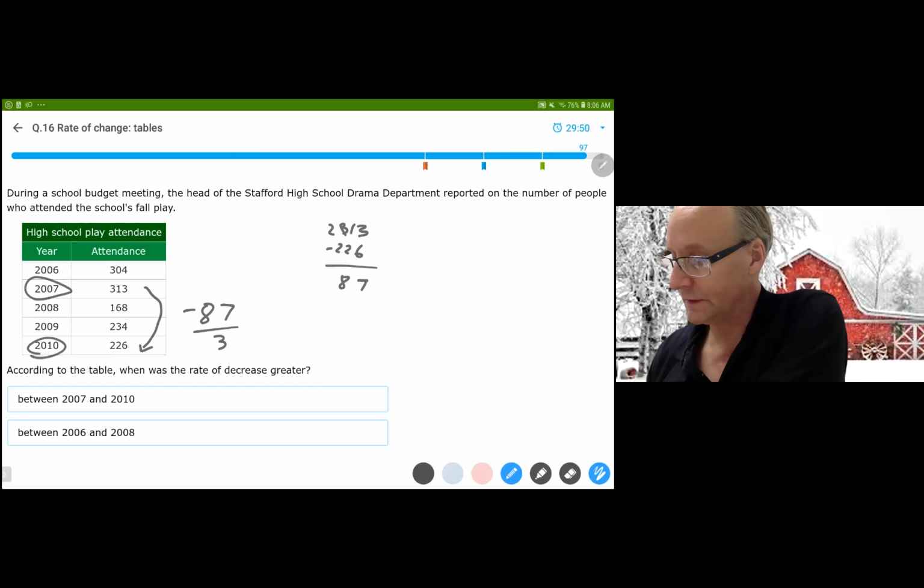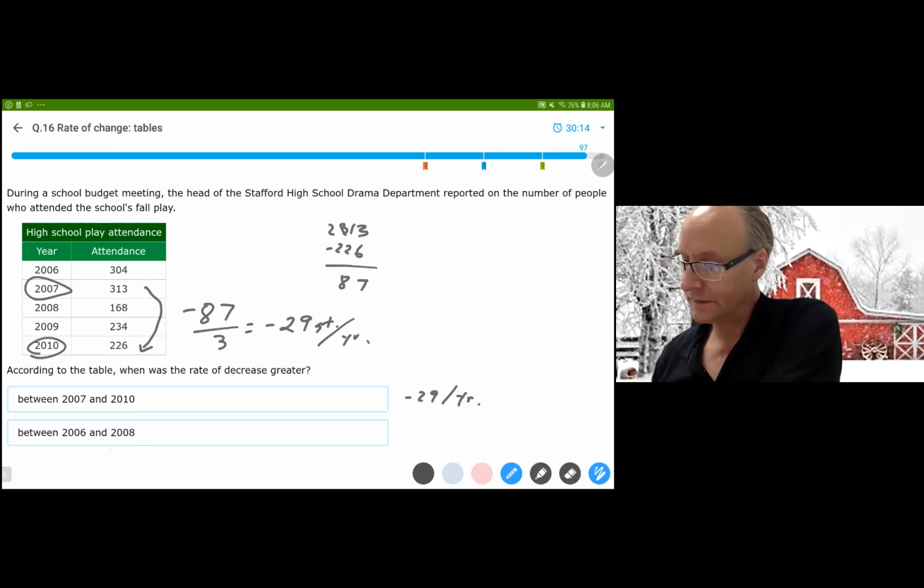Okay, so yeah, it's 87 over a period of 3 years. And that goes in evenly, doesn't it? It goes in 29 times. So that's negative 29 students per year. So negative 29 per year.